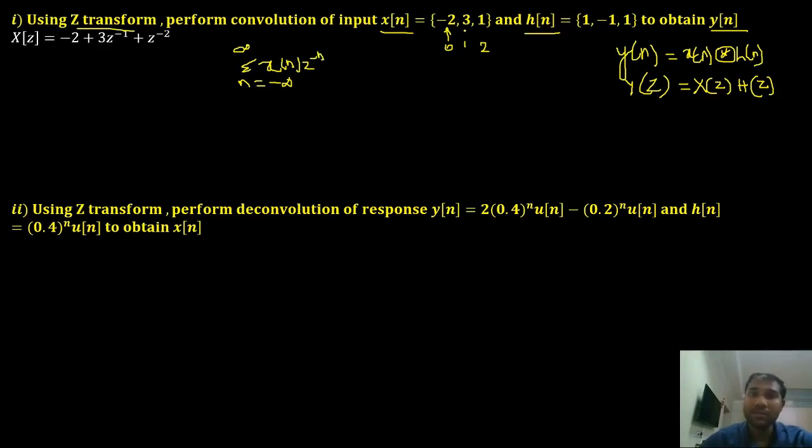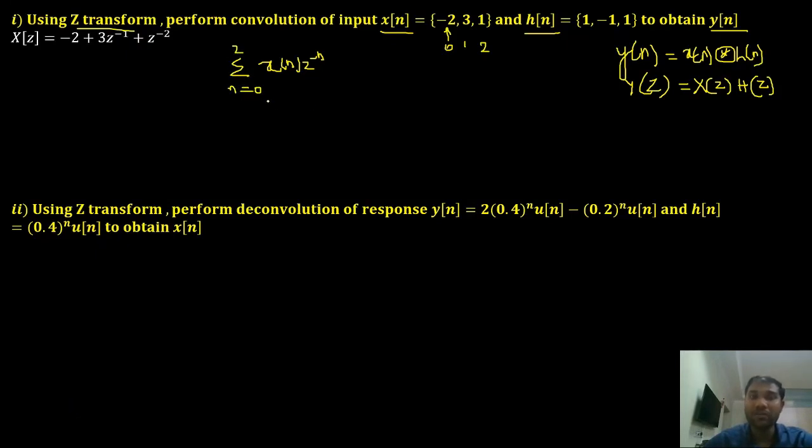Now since I have only 0, 1, 2 for values of n, my limits will now become summation n equals 0 to 2, right?